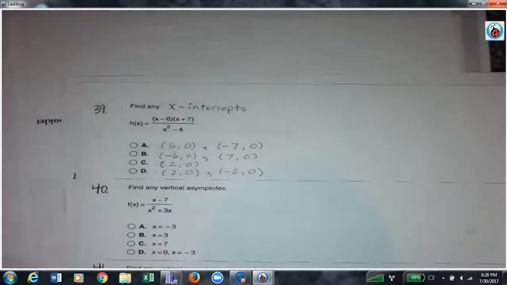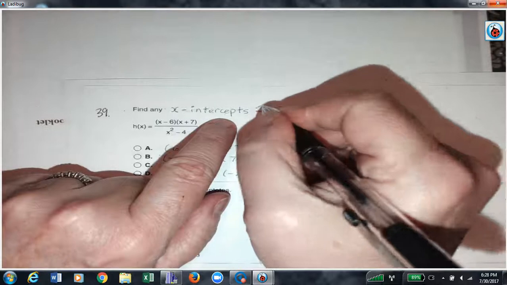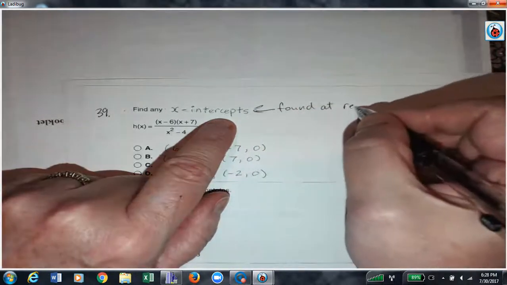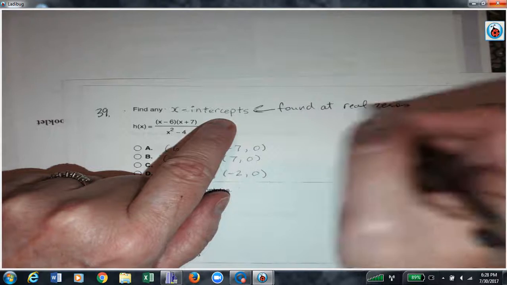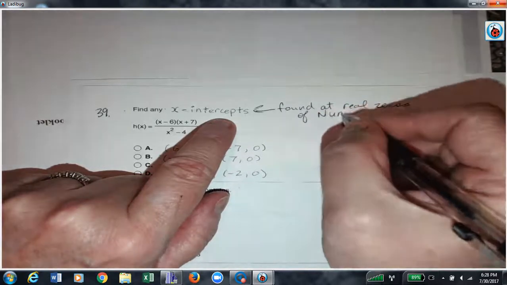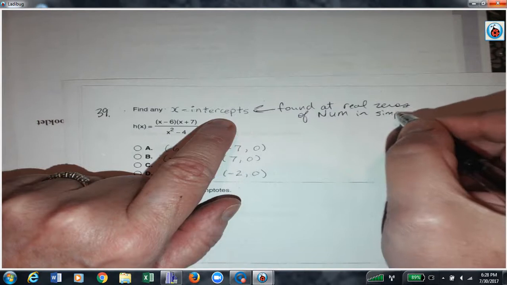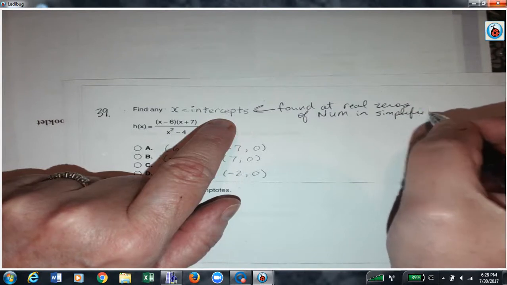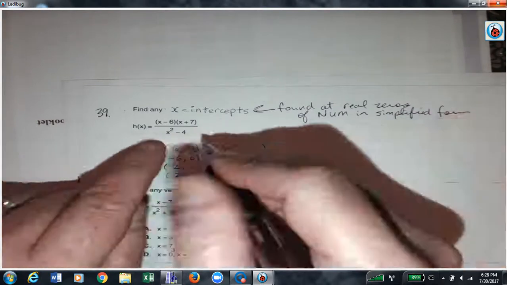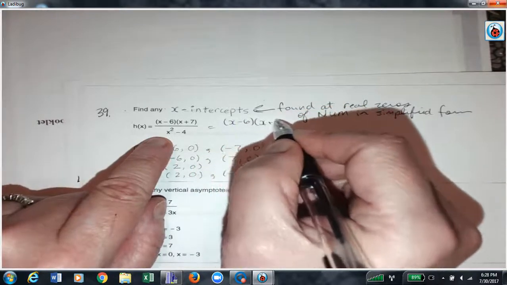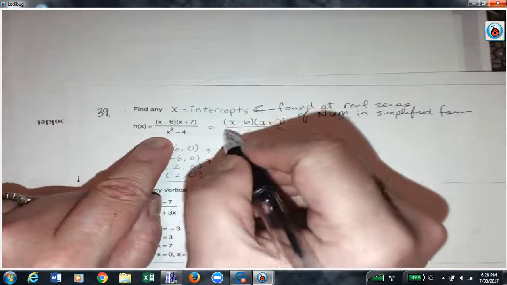Find the x-intercepts. X-intercepts are found at real zeros of the numerator in canceled or simplified form, or lowest form. Okay, so this will factor.